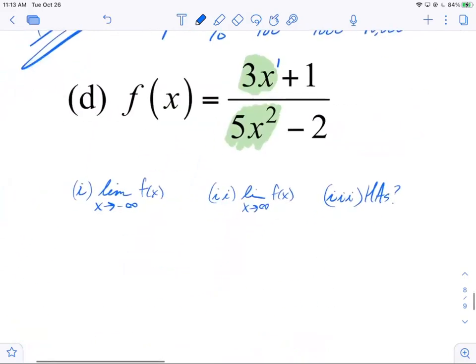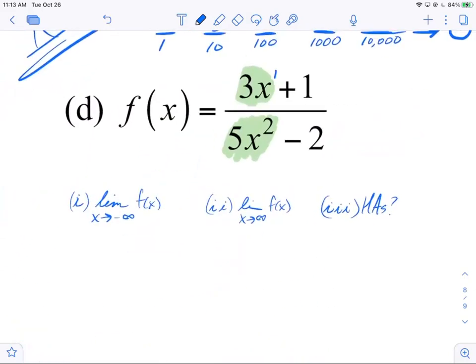Well, guess what happens then to the 2 one-sided limits if the bottom's getting bigger faster than the top? They are both approaching zero. Without a doubt. Okay. Now, are either one of those two values finite?